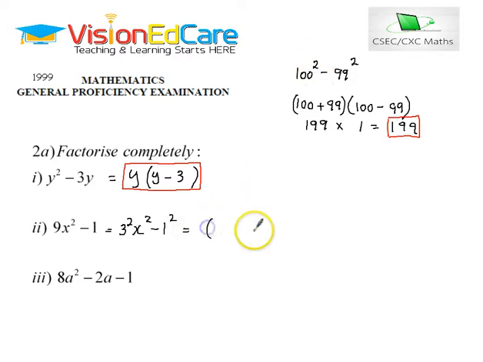So I'm going to put these brackets here, and you decide what should go into the brackets. You should get 3x plus 1 and 3x minus 1, and the expression is factorized, and that's the difference between two squares.